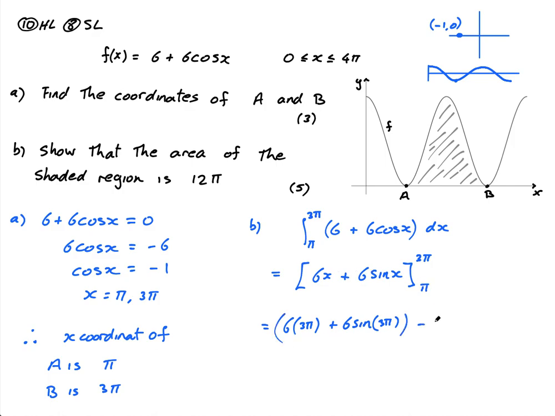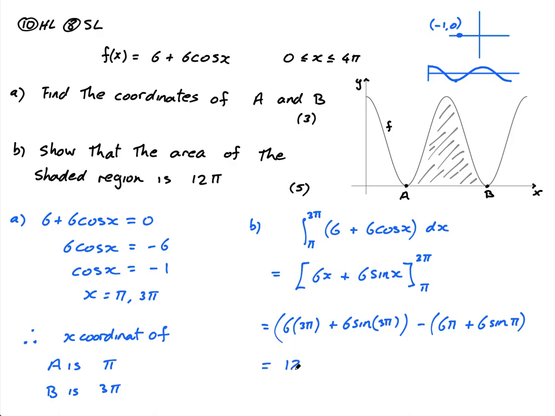Now I'm going to sub in pi. I'm going to subtract 6 pi. Don't forget this bracket here, that's the really important one. Subtract 6 pi plus 6 sine of pi. Close the brackets. So I sub in 3 pi, sub in pi, and subtract. That is definite integration that you definitely should know.